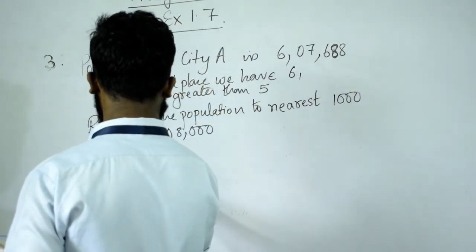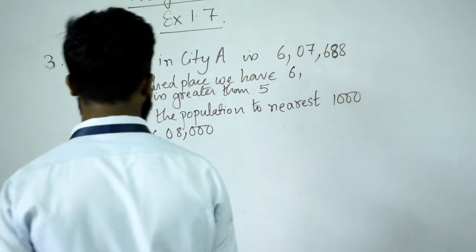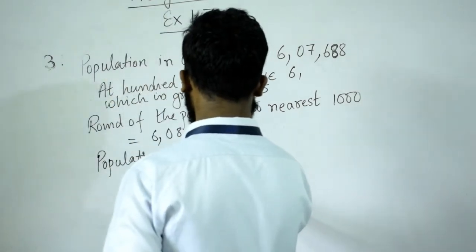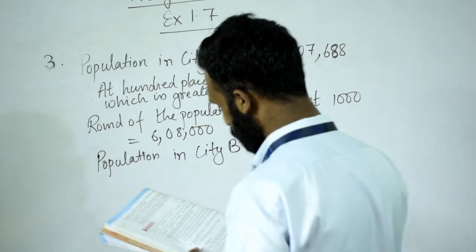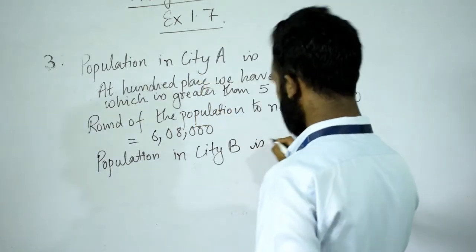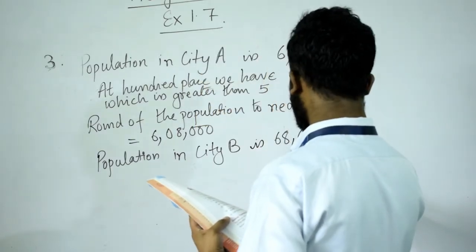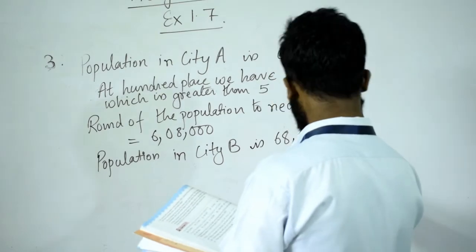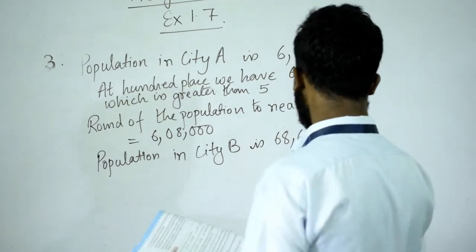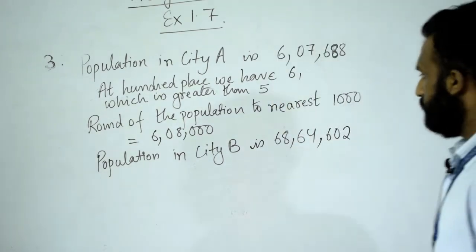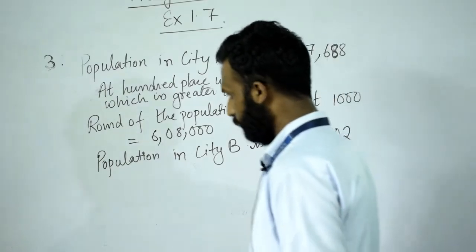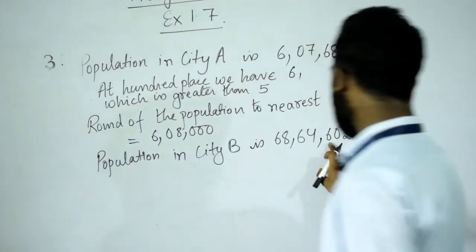The population in city B is 68,64,602. Let's see here.